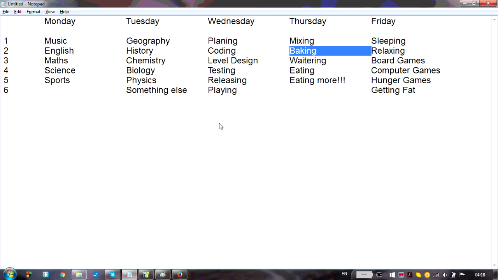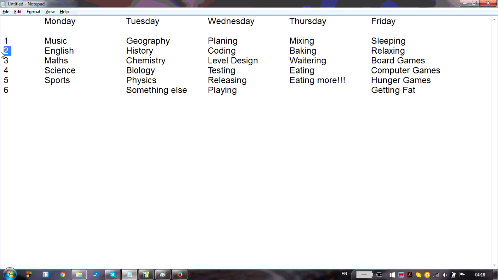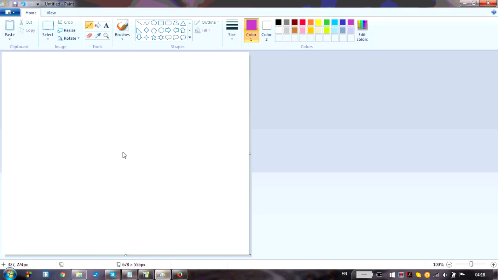I was saying that one of the coordinates is the day of the week and the other coordinate is the class for the day. Or in Paint, the first number here is the rightness of the pixel and the second number is the downness of the pixel.